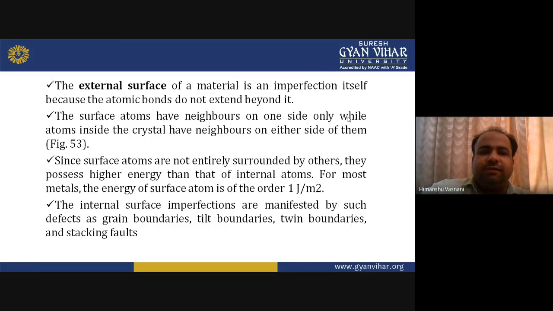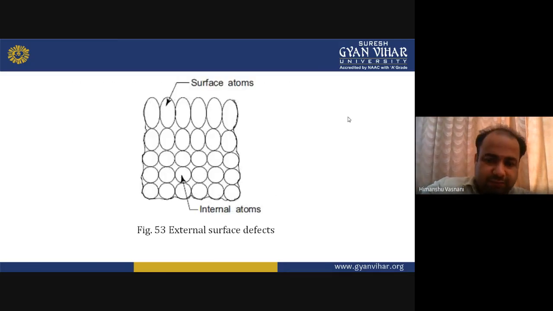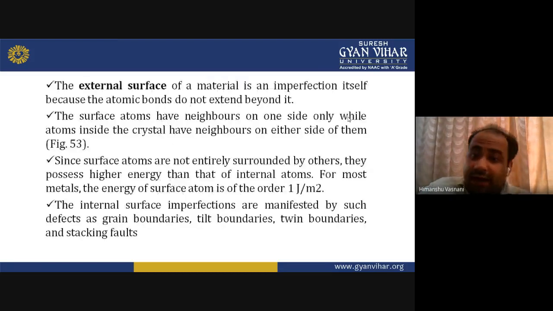Since the surface atoms are not entirely surrounded by others, they possess higher energy than the internal atoms. I repeat once again: the surface atoms on the boundary are not entirely surrounded by others, so they possess higher energy than the internal atoms.